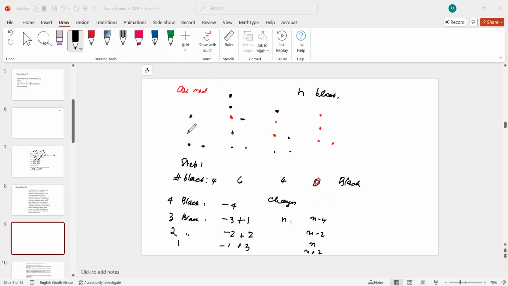Now, this is not the only way in which your punch can hit this thing. The original configuration could have been this.